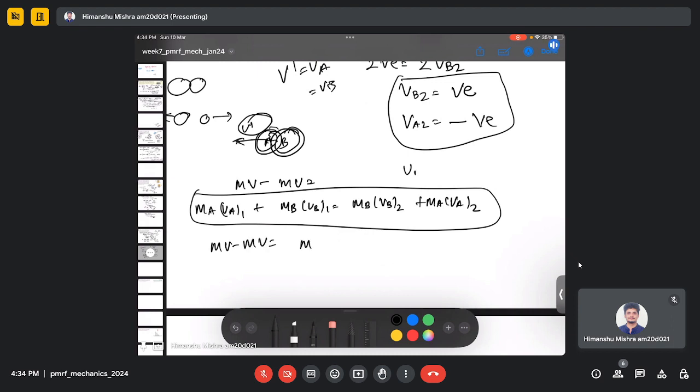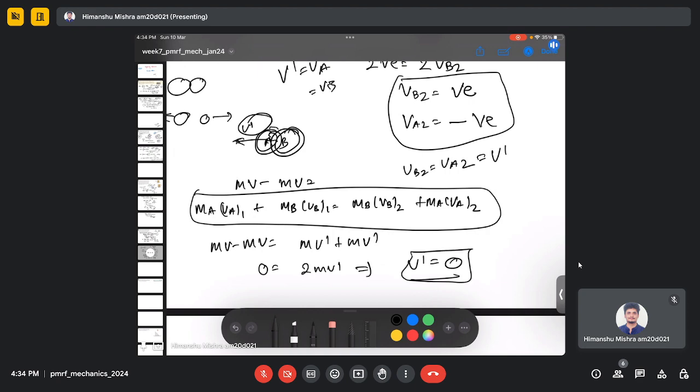And since vB2 is now equal to vA2, equal to, let's say, some v dash, it will be m v dash plus m v dash. So it will be 0 equals 2m v dash. So we will get v dash equal to 0.